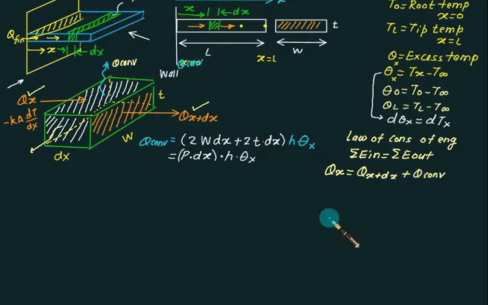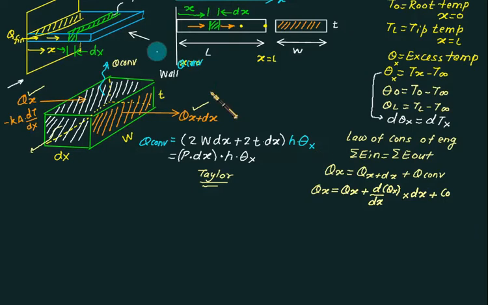Now Qx plus dx you have to expand using Taylor series and consider only the first two terms. So we have Qx equal to Qx plus d/dx of Qx into distance dx plus Q convection. Now here the first term gets cancelled, so Qx is cancelled with Qx, and we can replace the remaining terms with these values.